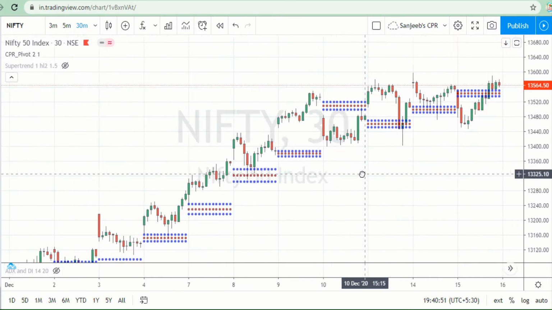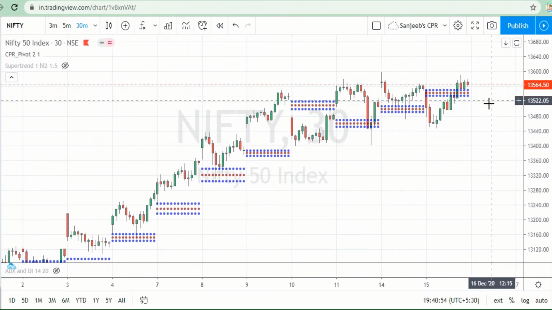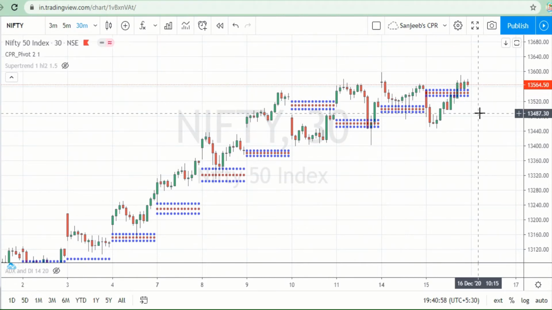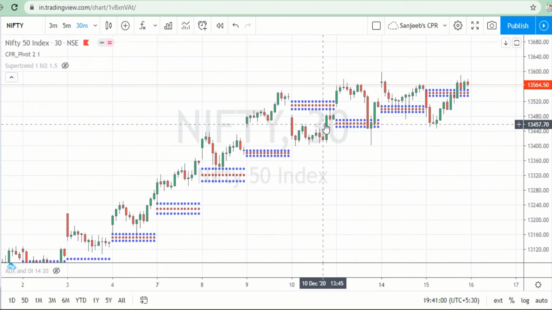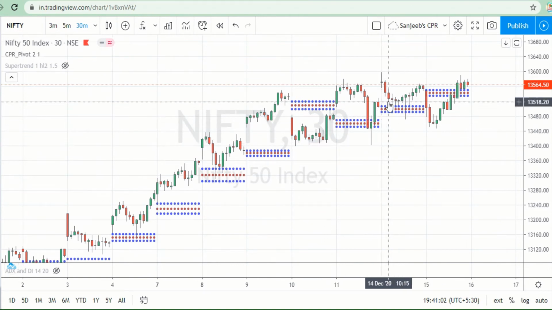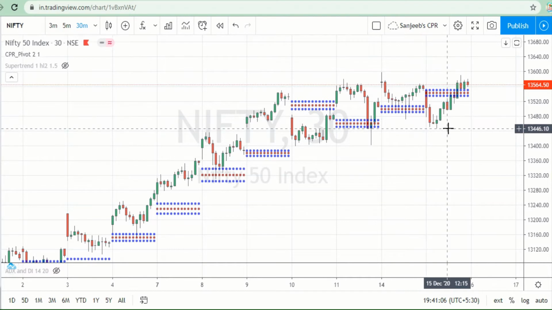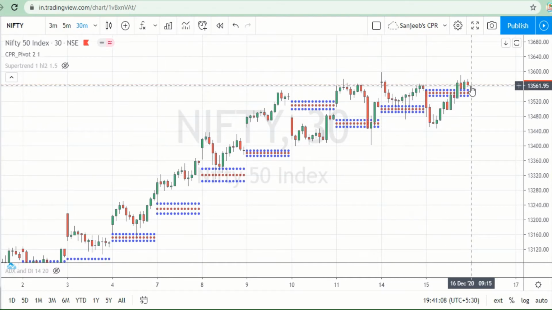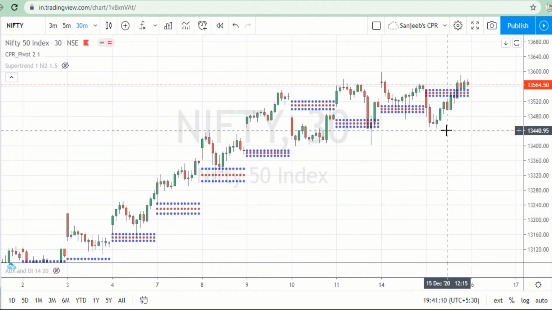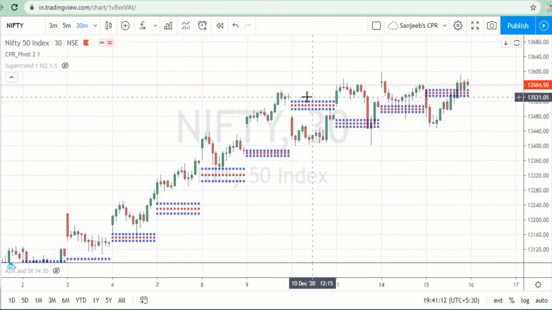The trend, now the trend is not sure here, because some days it is closing below the CPR, some days it is closing above the CPR. It is not confirming the trend, it is consolidation.